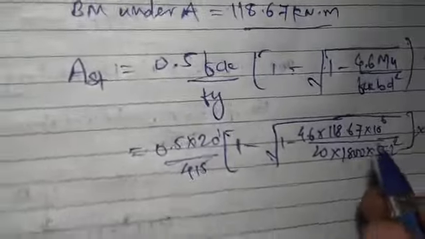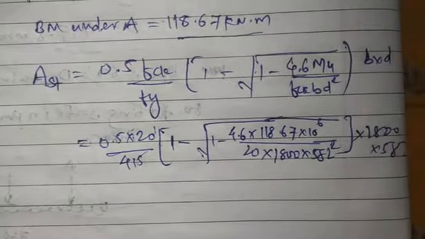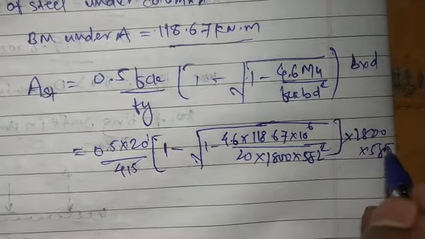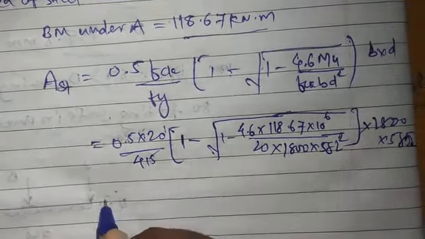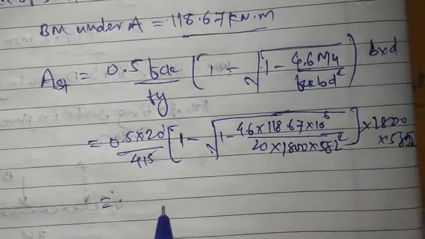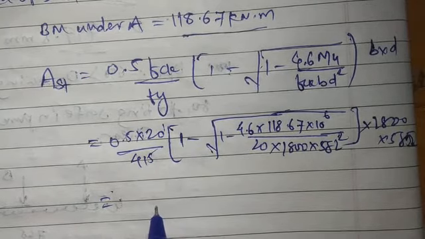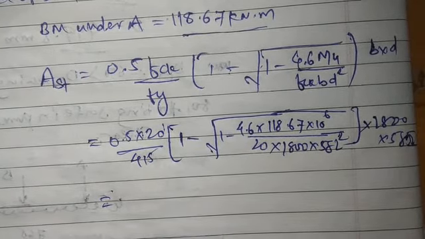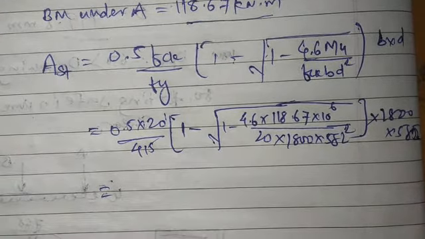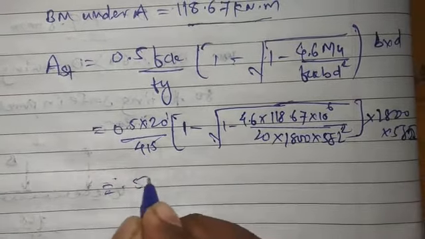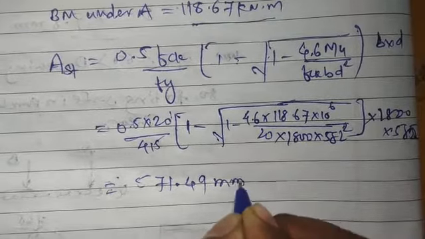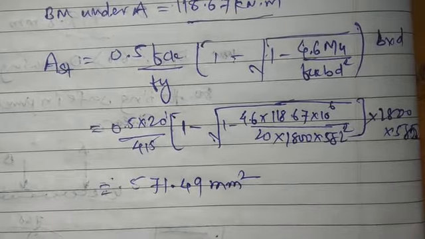So D is 582. If you calculate this whole value, I will directly write what value you will get: 571.49 mm square.